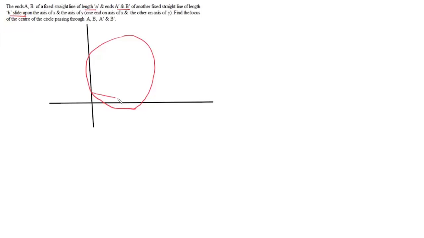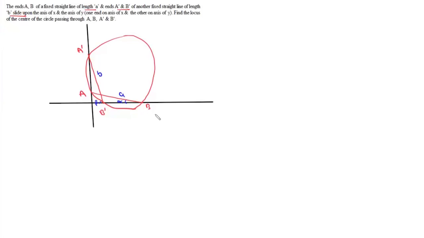Now one of the rods is A B and another one is A dash B dash. Now length of A B is a and length of A dash B dash is b. We have to find locus of center of this circle. Now suppose this angle is alpha and this angle is beta.